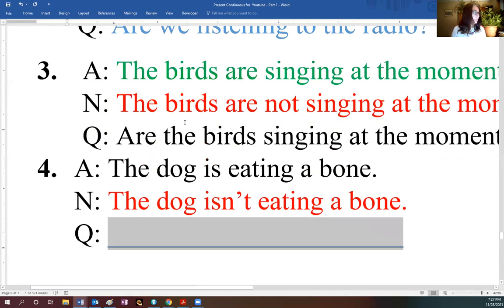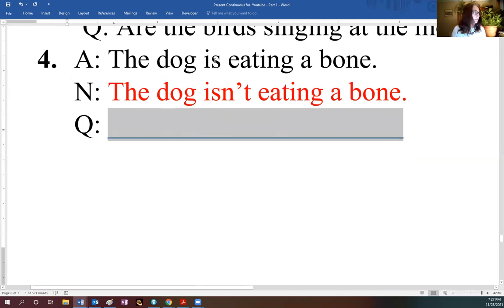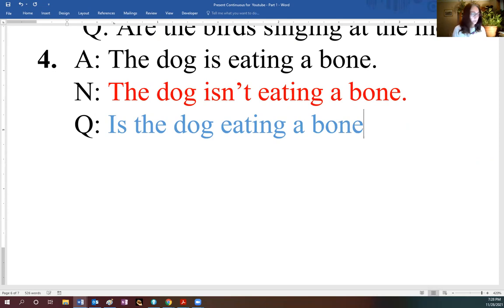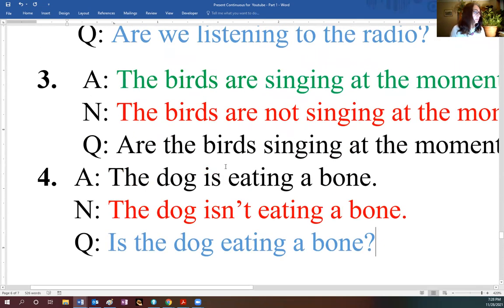And the question again, I take the verb to be from here, put it first. So is the dog eating a bone? Okay, is the dog eating a bone? And then you can say yes, it is, or no, it isn't. Okay.